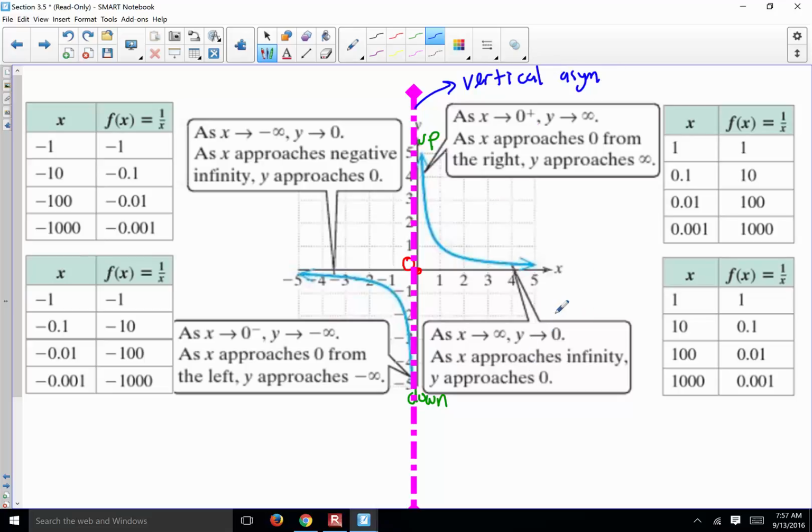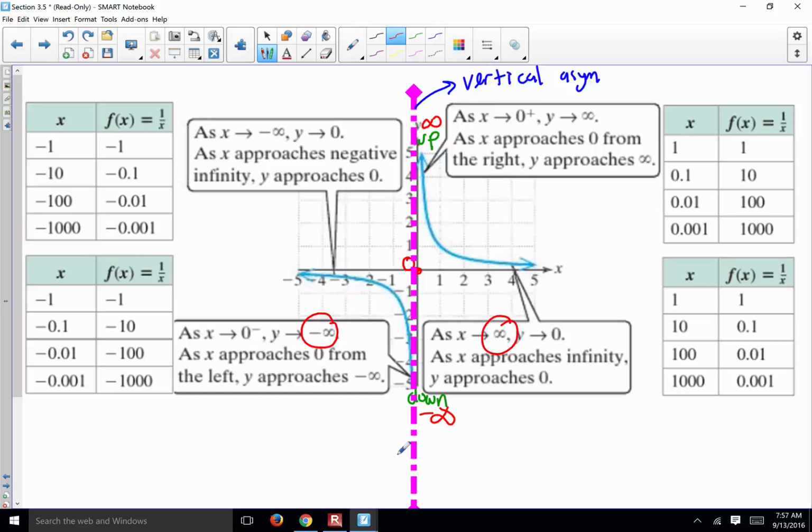So every bad value in the domain is a possible candidate for an electric fence, up and down, or vertical asymptote. Okay? And your function goes to infinity. It tends to go to either minus infinity or positive infinity from left or right.